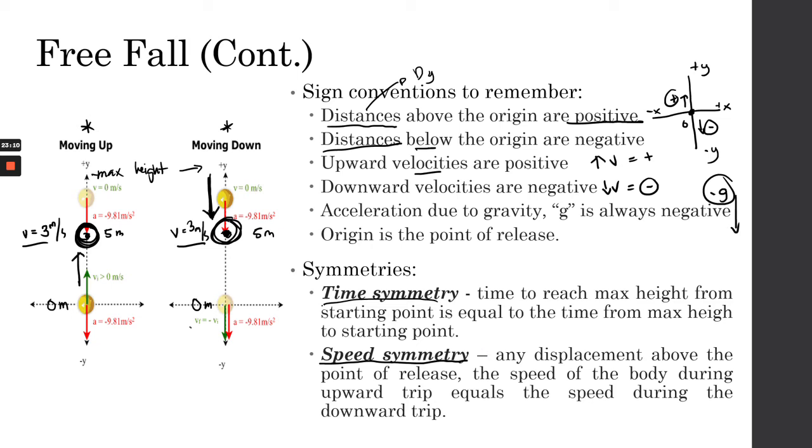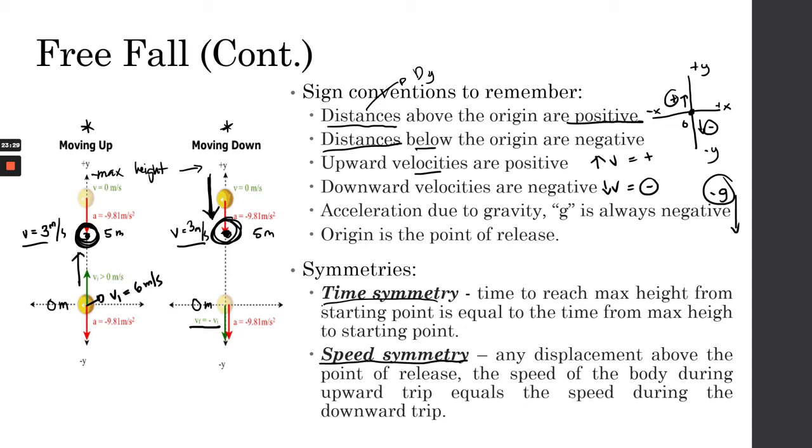As you can see here, Vf is equal to Vi. Let's say I threw the ball and my Vi is equal to, let's say, 6 meters per second. That's how fast I released my ball, the initial velocity of the ball.